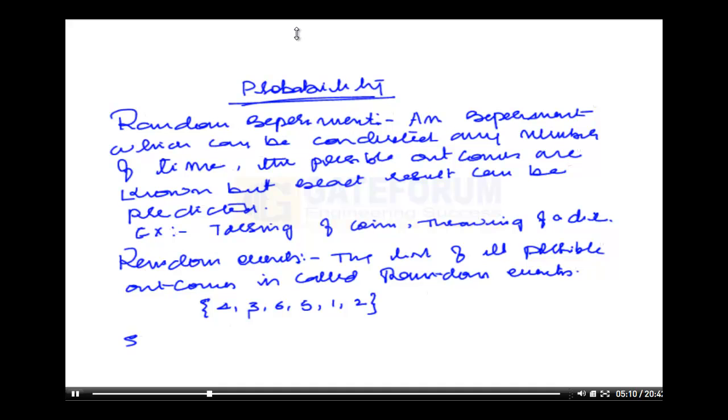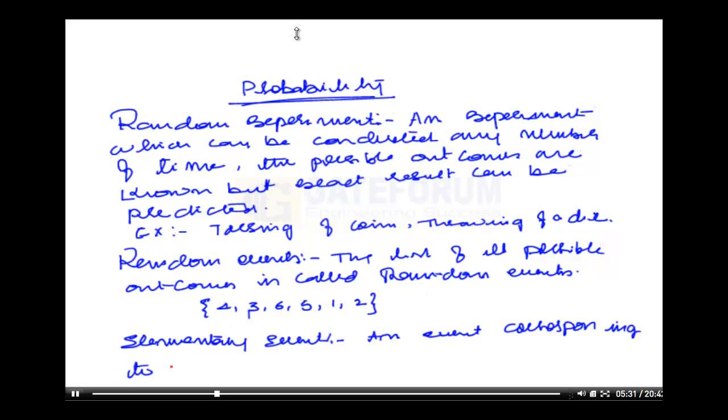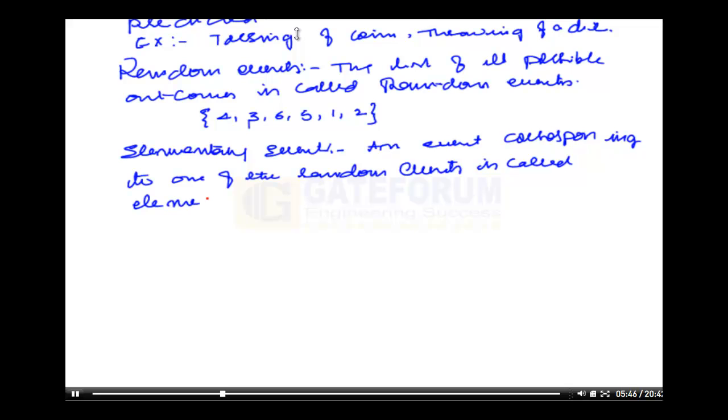Next one is elementary event. I can define it like this: an event corresponding to one of the random events is called an elementary event.